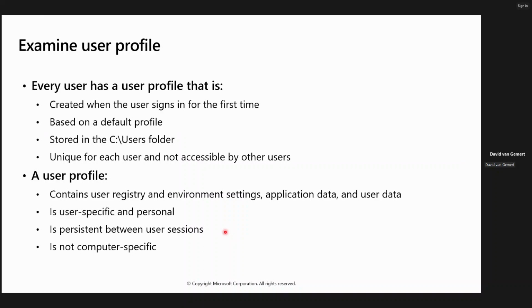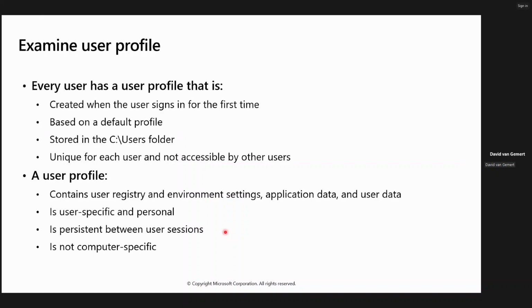So if they've logged onto one Windows 10 computer, and then they log onto a different Windows 10 computer that they've never logged onto before, instead of recreating a new profile on that new computer, it says, hold on a second, go check your store for your roaming user profile. Let me download it onto this computer. So it doesn't create a new profile on every single computer logon. You're using just a single profile across all of these computers.